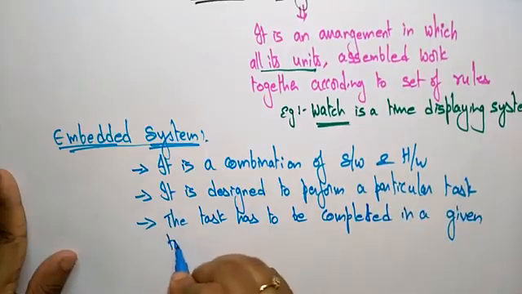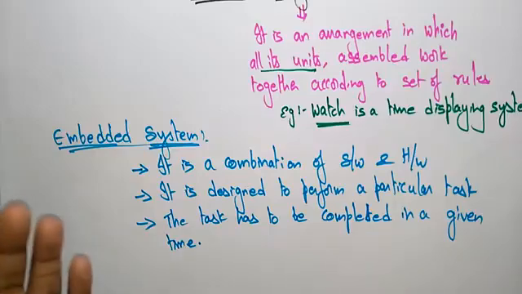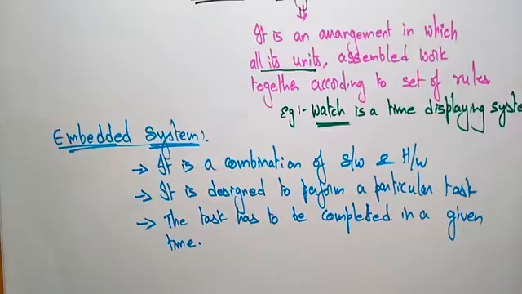That you call an embedded system. Whenever you are asked for the definition of an embedded system, you have to say that an embedded system is a combination of software and hardware which is designed to perform a particular task that has to be completed within a given time. That you call an embedded system.